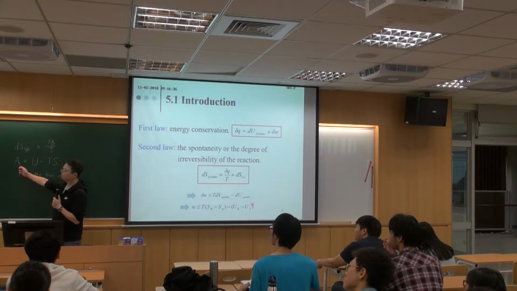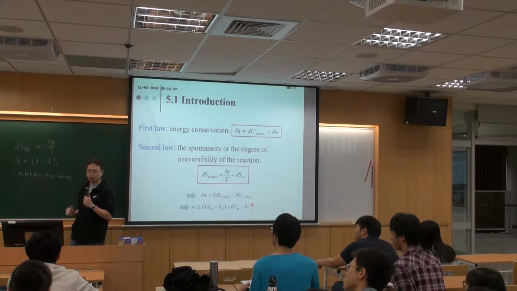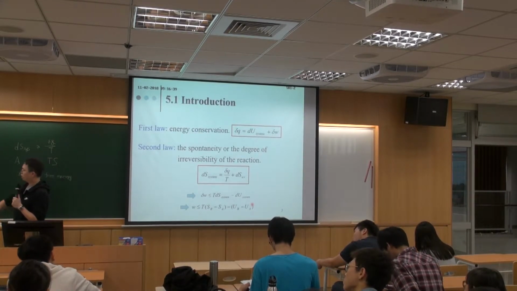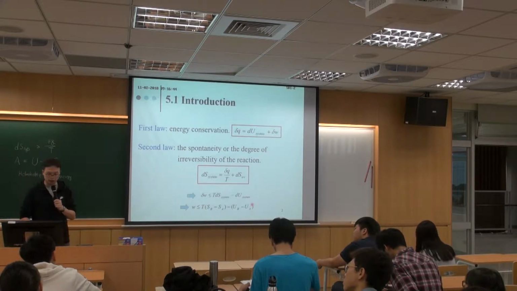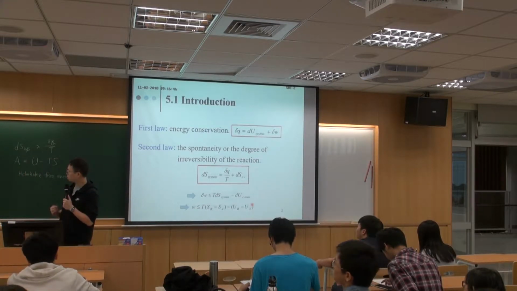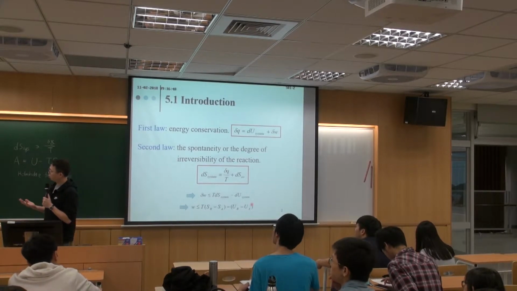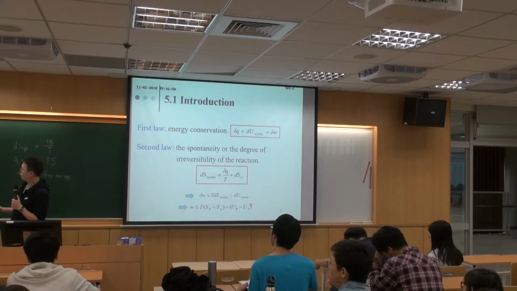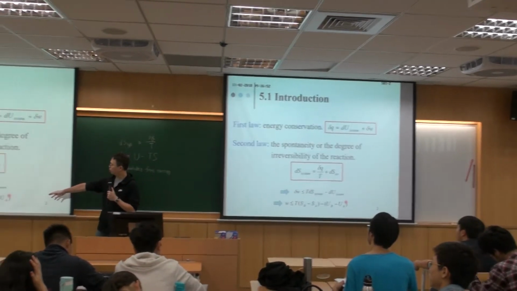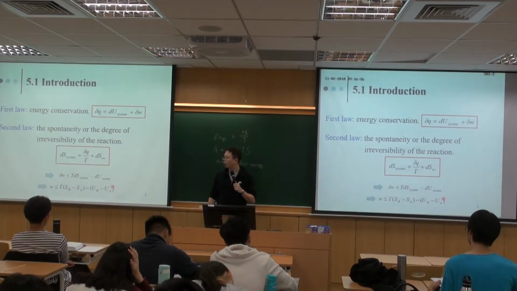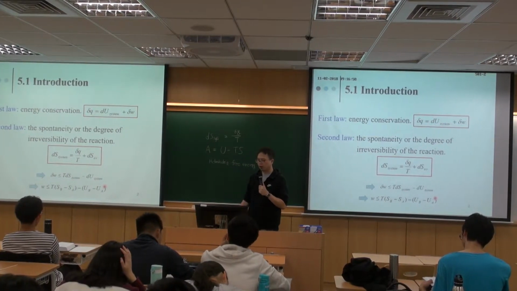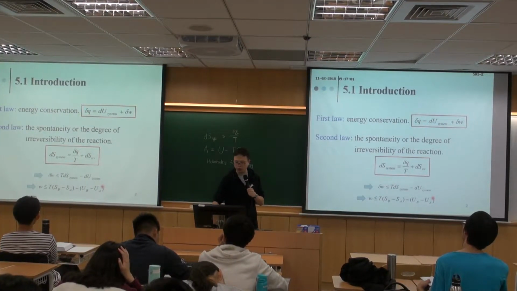So this is a measure of how much work the system can do for any kinds of processes. So of course, if you're going through a reversible process, then you can get the maximum work. So the work will be equal to T delta S minus delta U. Okay, that's the case when you're going through a reversible process.